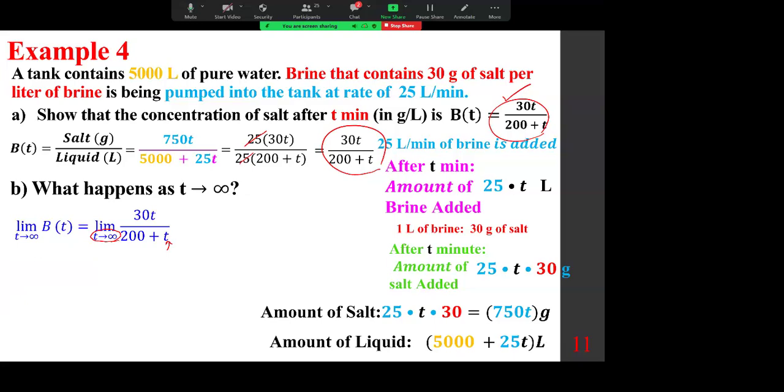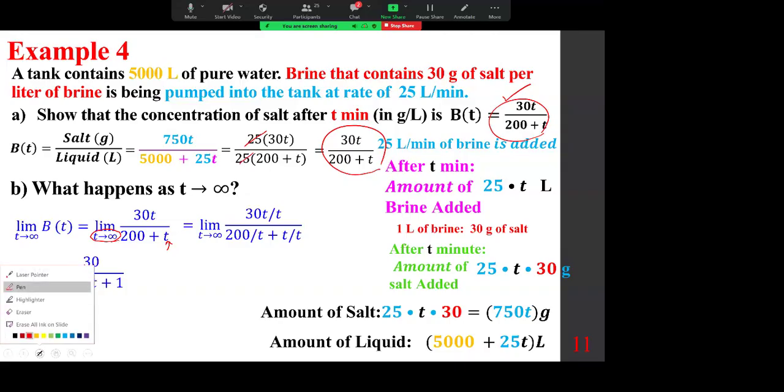You divide by highest degree term in the denominator, namely T. You divide everything by T, everybody. And you simplify. As you can see, when T approaches infinity, this piece goes to 0. We get 30 over 0 plus 1, or 30 grams per liter.